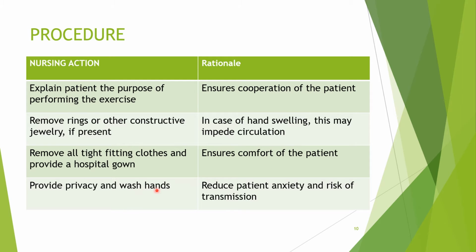Provide privacy to reduce their anxiety. In a hospital we provide a screen, of a different color, green or blue, to reduce patient anxiety. And wash the hands to reduce transmission of infection.